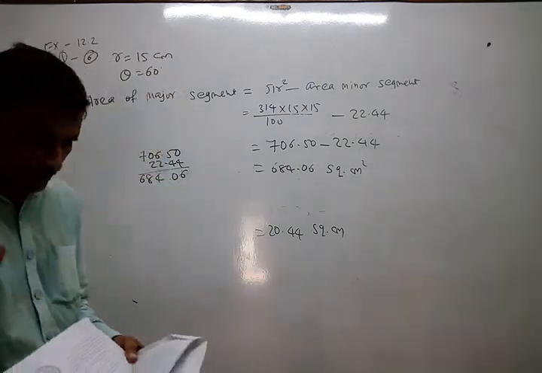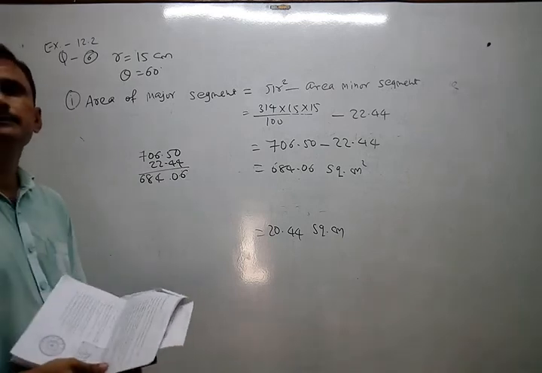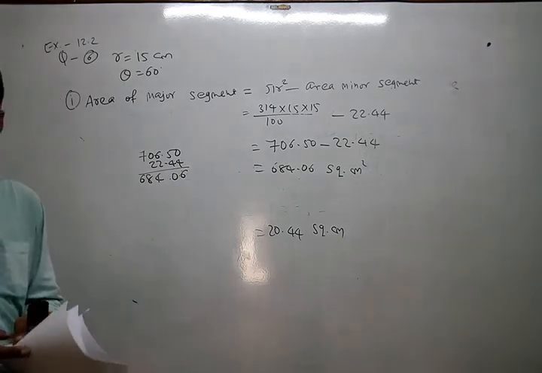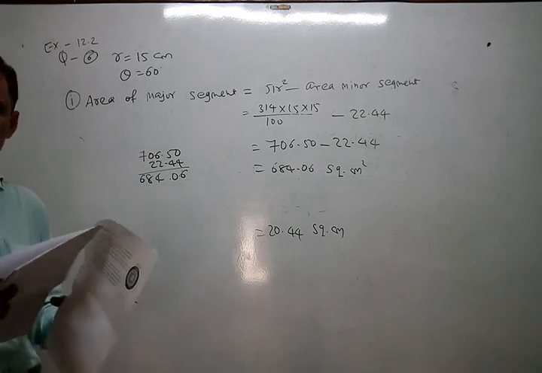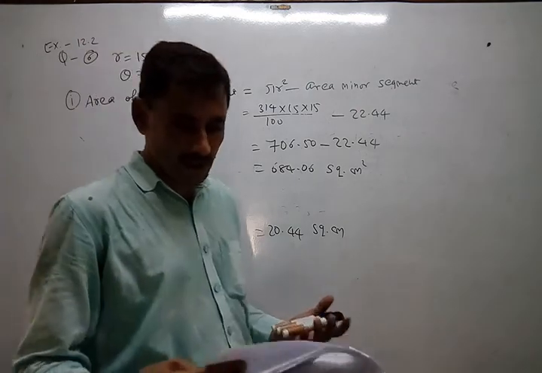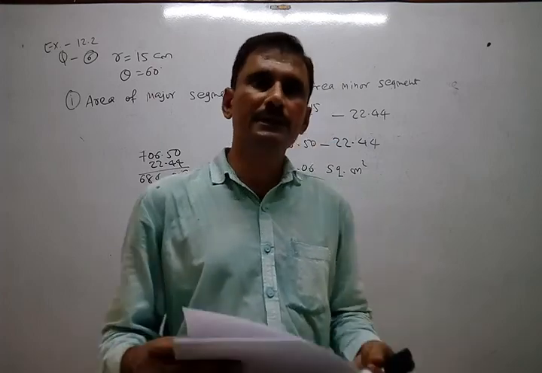You understand? Okay. Now question 7, I told you it is nothing but 120. So for time being, we are not doing 120 related sums right now because minor segment is asked and 120 angle is there. So we temporarily just skip it.